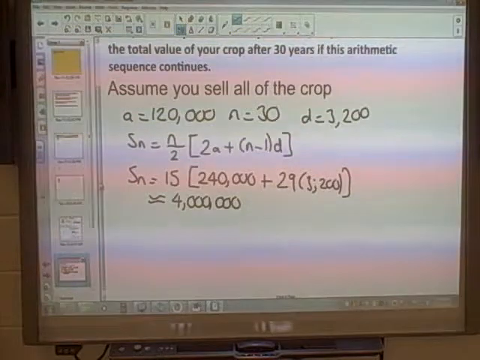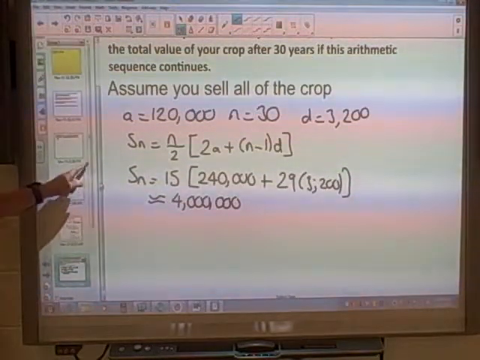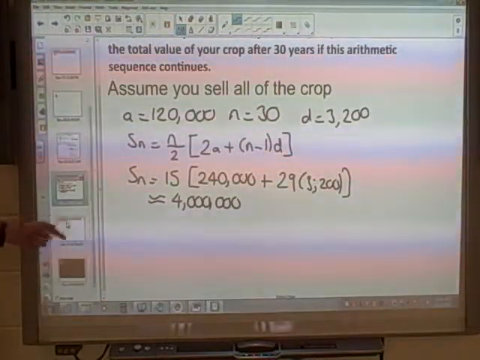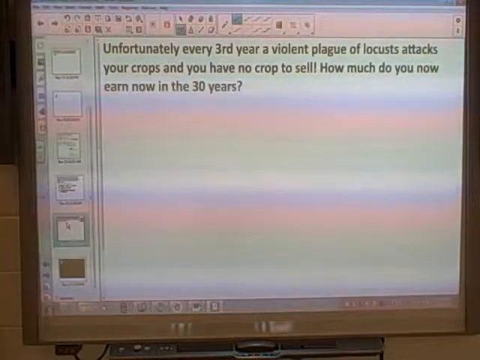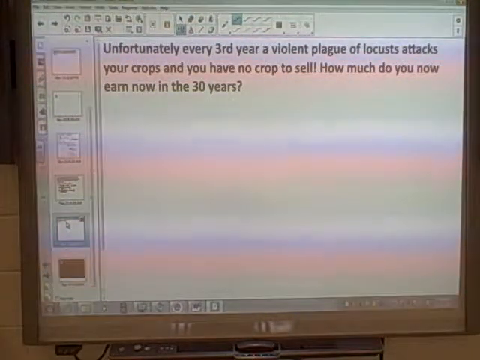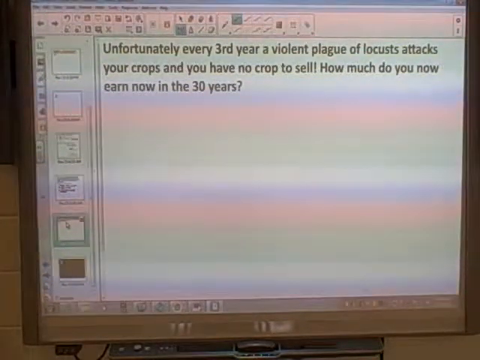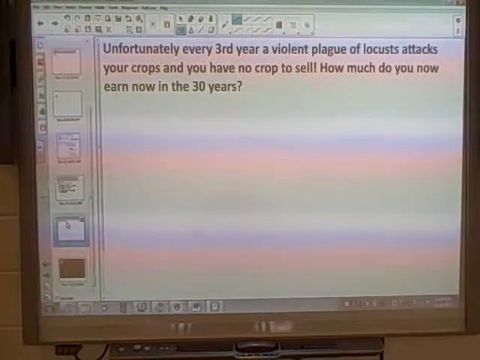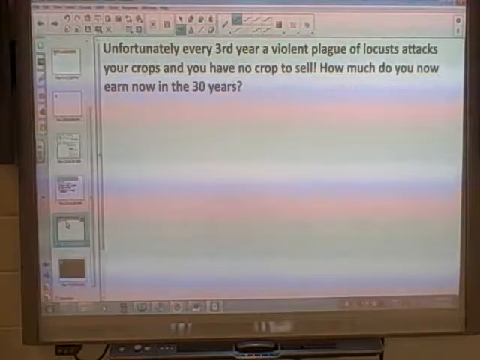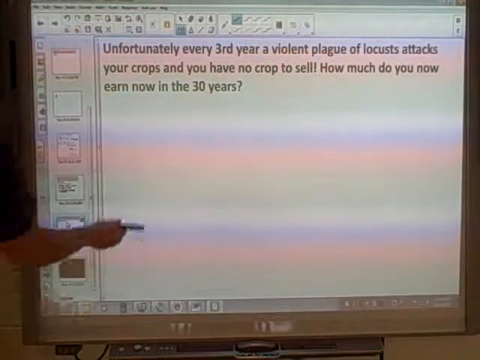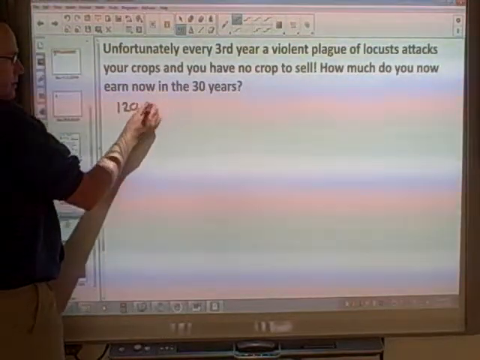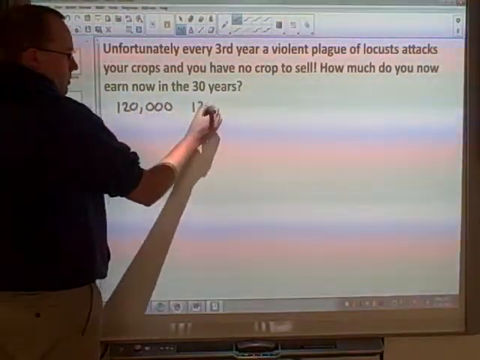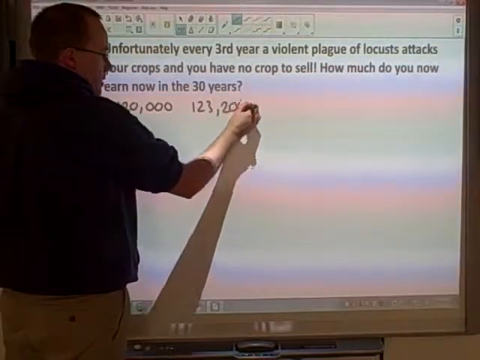Now that part you should be able to work out perfectly okay, and that's not really the question. The question is actually this. Unfortunately, every third year, a violent plague of locusts attacks your crops, and you have no crops to sell because they eat them all. How much do you now earn in the 30 years? So this is actually what's happening. We've got our 120,000, which is how much crop we produce.